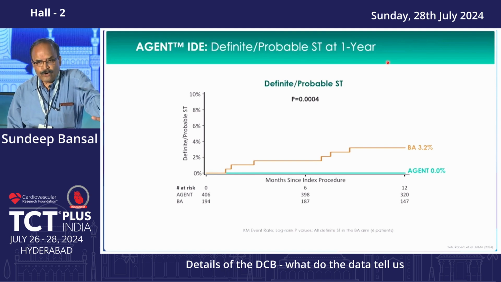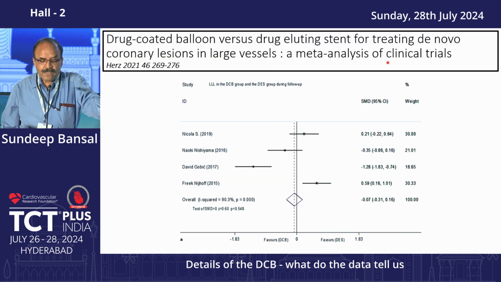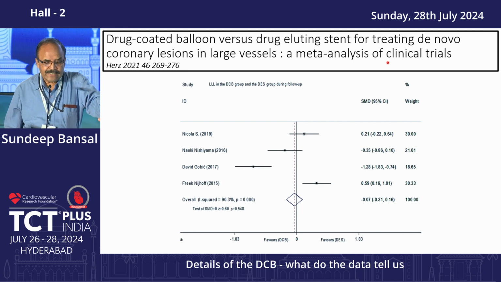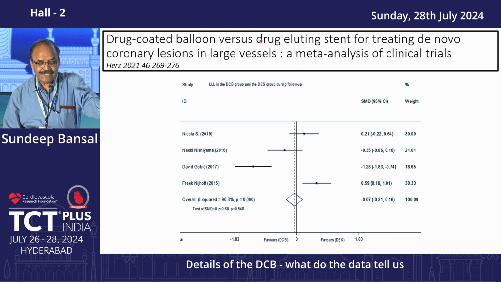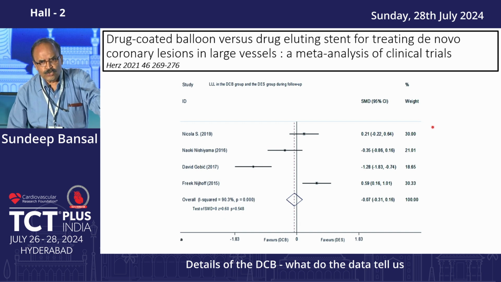Now, beyond the ISR, if we look at the other trial data, there are trials which have used drug-coated balloons versus drug-eluting stents in large vessels, and this shows a meta-analysis, and they are almost equal. They don't show superiority, but they are non-inferior.